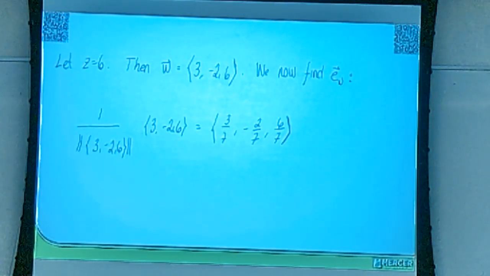Or another acceptable answer would be if you just multiply it by -1 to flip the direction. However, those are the only two, once you normalize it and simplify. So when it's saying find a unit vector, you only get two possible solutions, and those solutions are just opposite directions of each other.